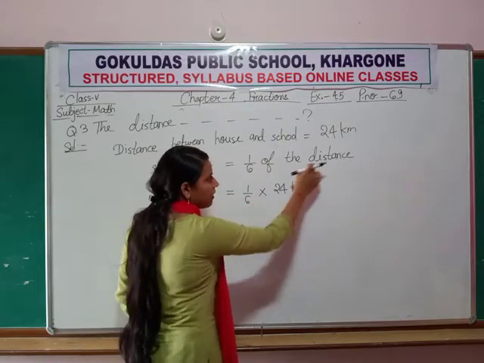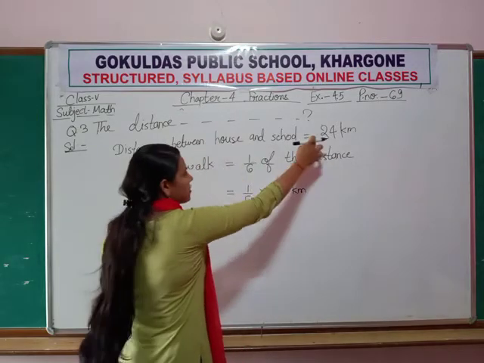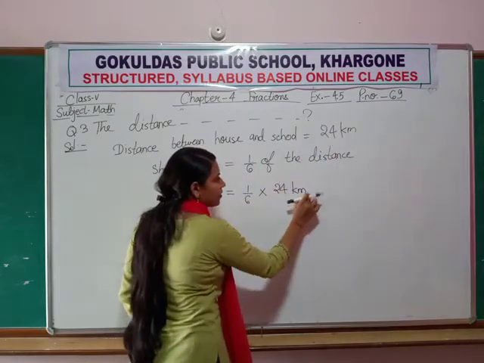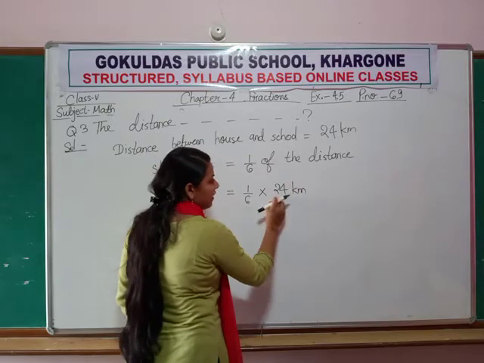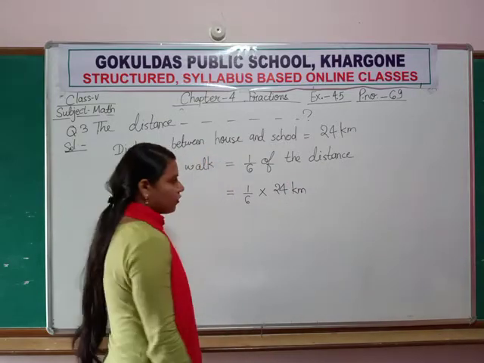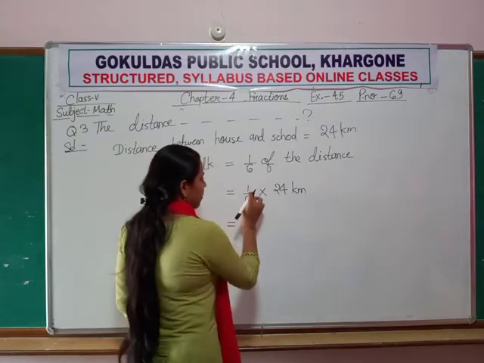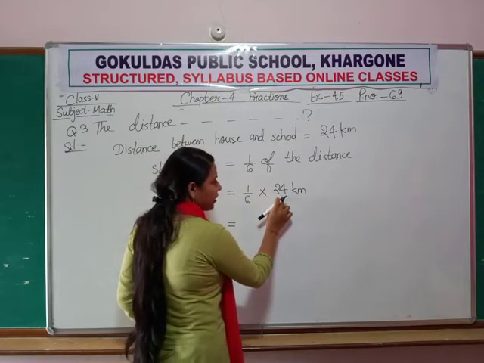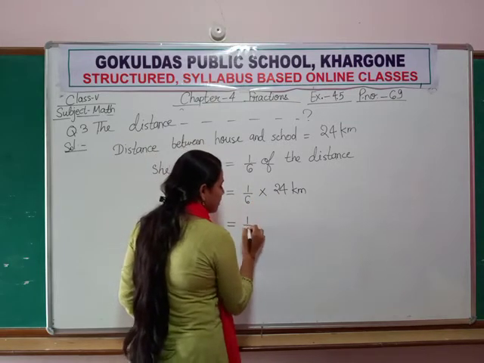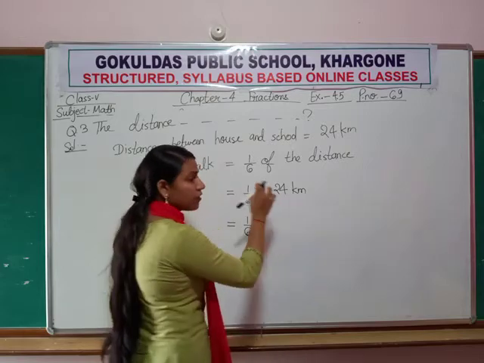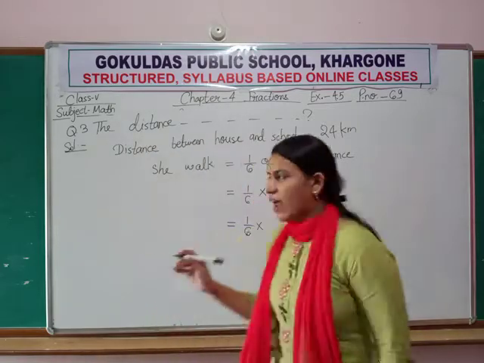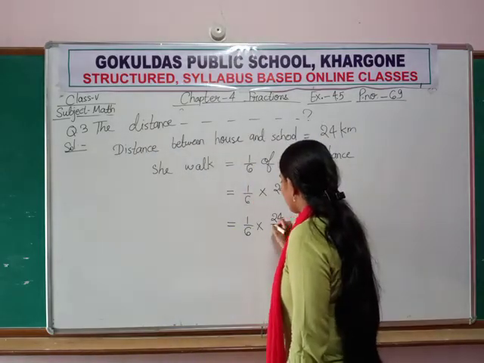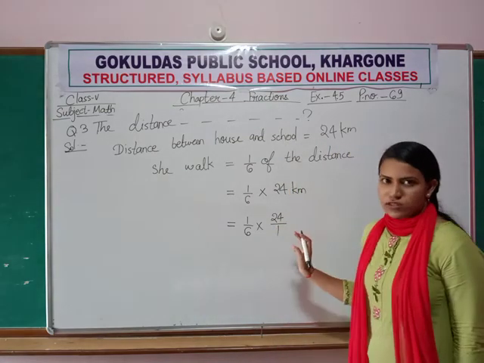Of means multiply, and the distance is 24 km, so in the place of the distance I write 24 km. Now 1 upon 6 multiplied with 24. 1 upon 6 is a fraction and 24 is a whole number. We can write 24 upon 1. It is also correct.